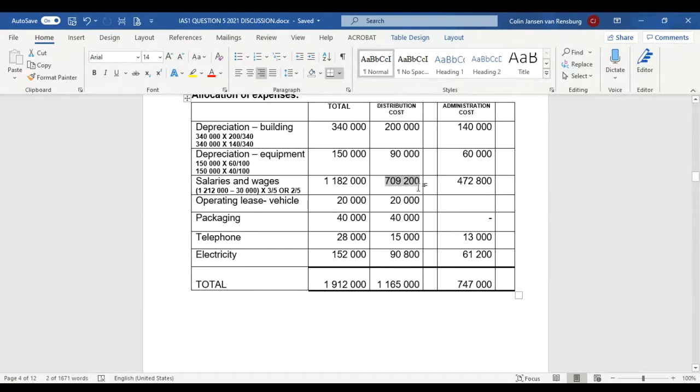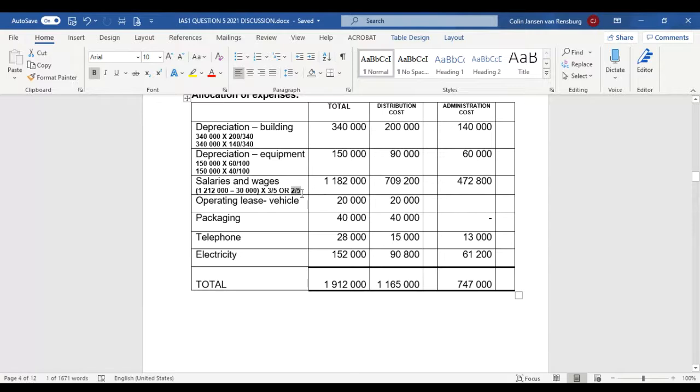So you do that little calculation, you add that to the column where you are accumulating all your various distribution costs. And then for the administration costs, for your office workers, those people that are not working in the warehouse, that are not delivering your merchandise to your customers, they are simply there as administrative personnel. 2/5 of your total salaries and wages bill are being paid to those people.